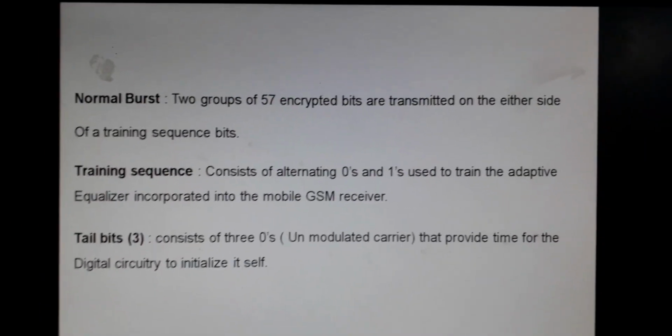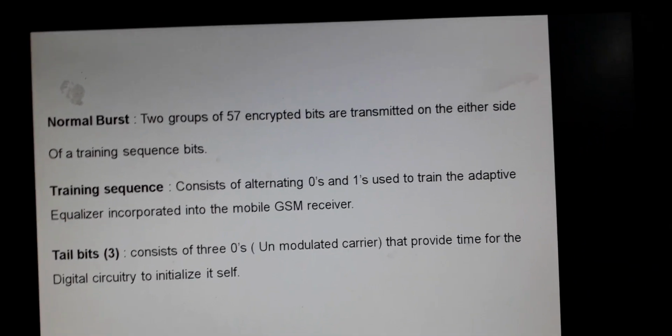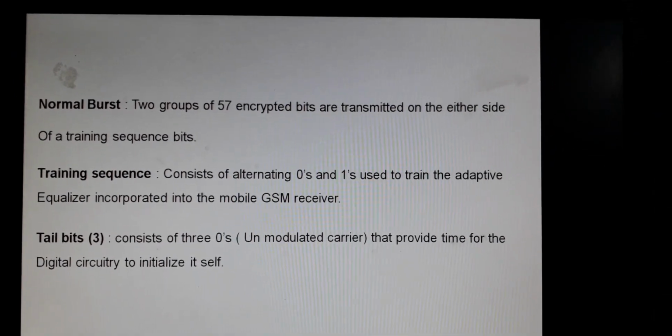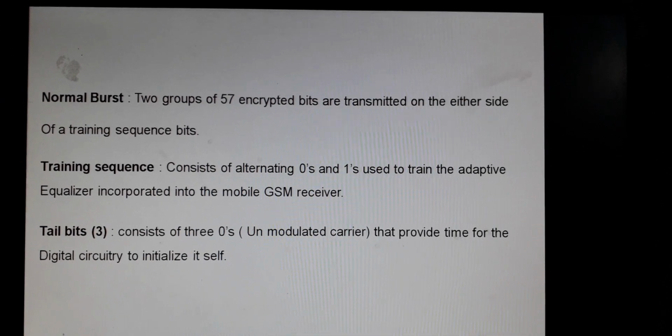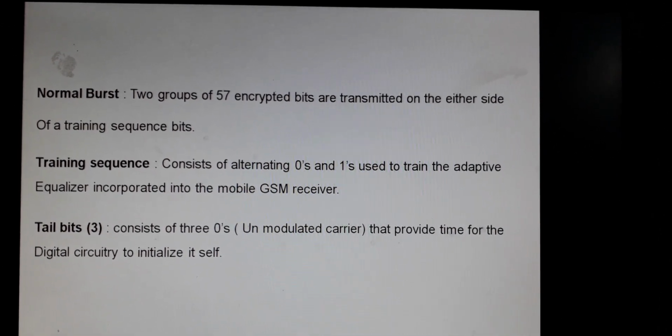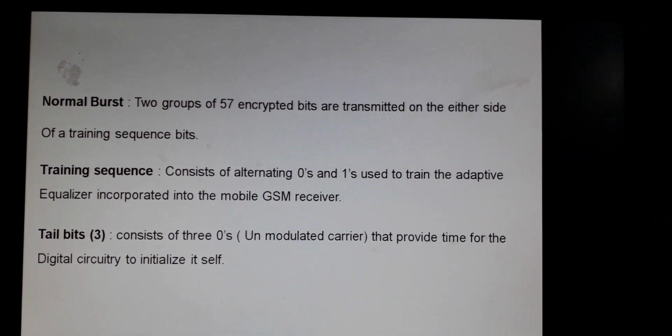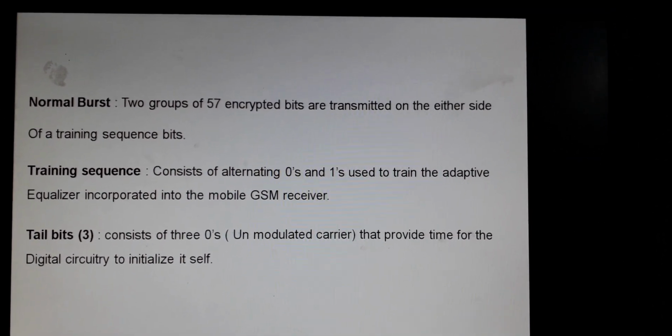The normal burst consists of 57 encrypted bits. These encrypted bits contain information, call information. The training sequence consists of zeros and ones, which is used to train the adaptive equalizer in the mobile GSM receiver.